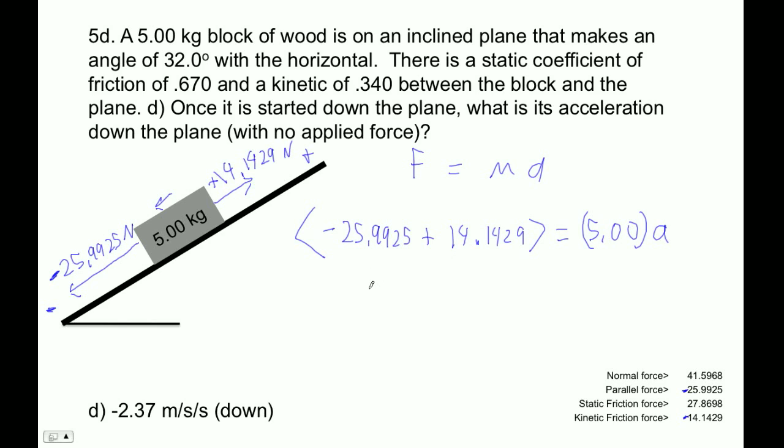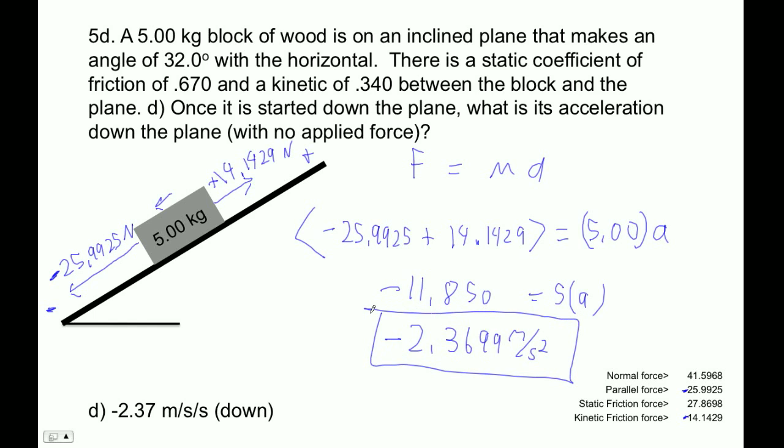Now we're going to go negative a plus. And when I do this, I get negative 11.850, roughly. And now I can just divide by 5, right? And I get negative 2.3699 meters per second squared.